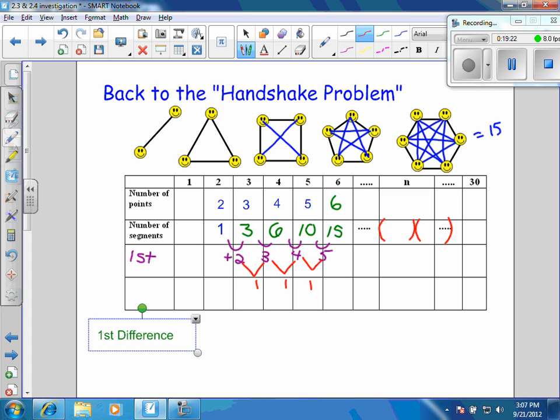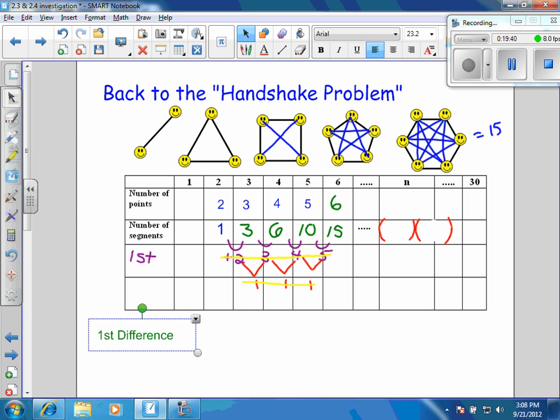And we have to figure out what that multiplying pattern is. So we're not going to use these numbers now, because that helped us figure out that there's a multiplying pattern.